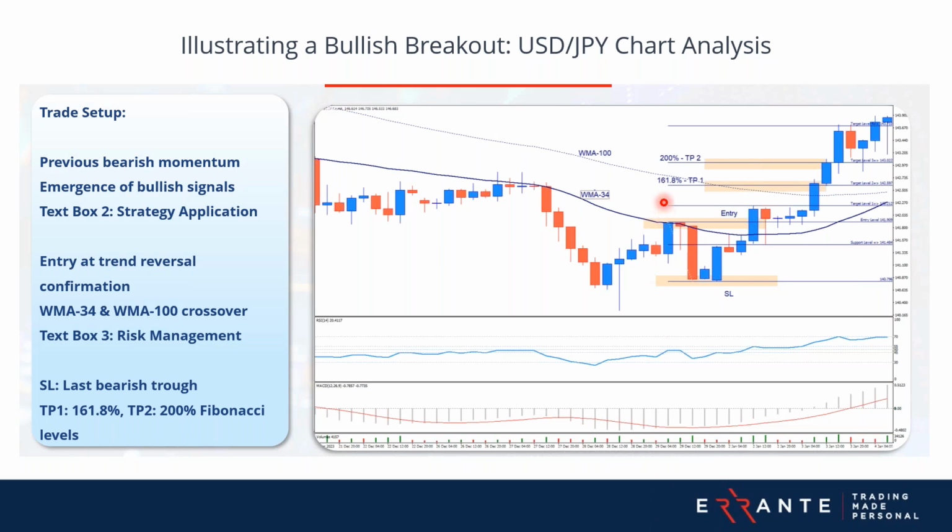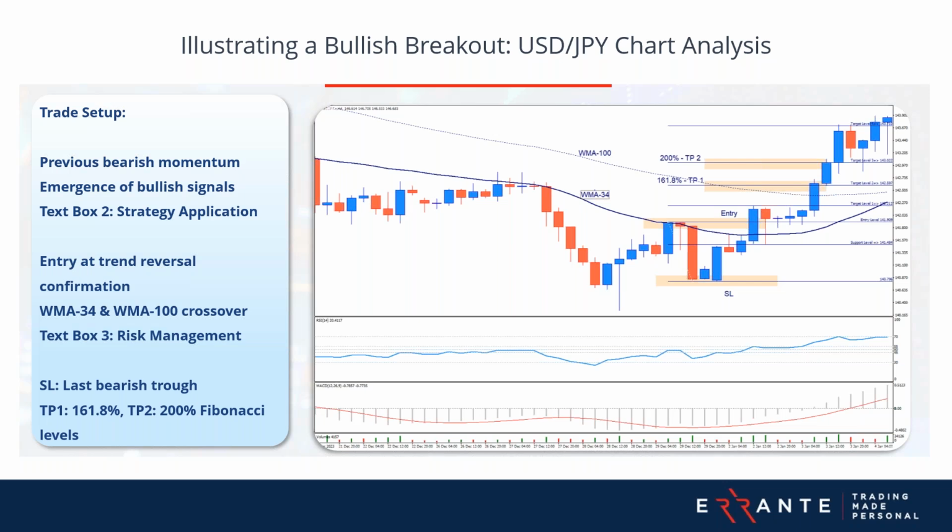And you see we cross usually the shorter moving averages first, which suggests a significant shift in the market sentiment from bearish to bullish. And this is complemented by the RSI trending upward, crossing the 50 level, and the MACD moving above the zero line, reinforcing the strength of the emerging bullish trend.